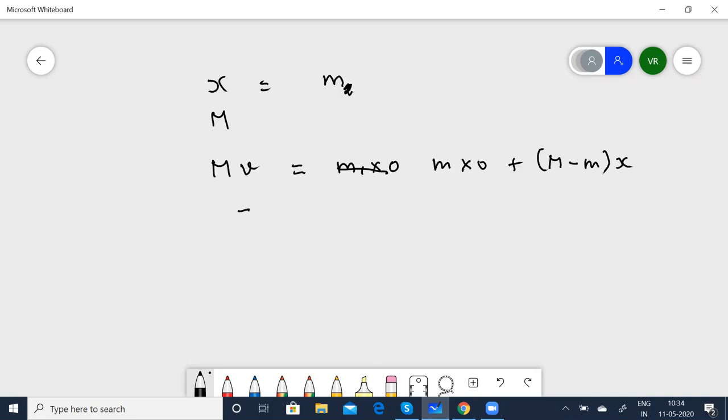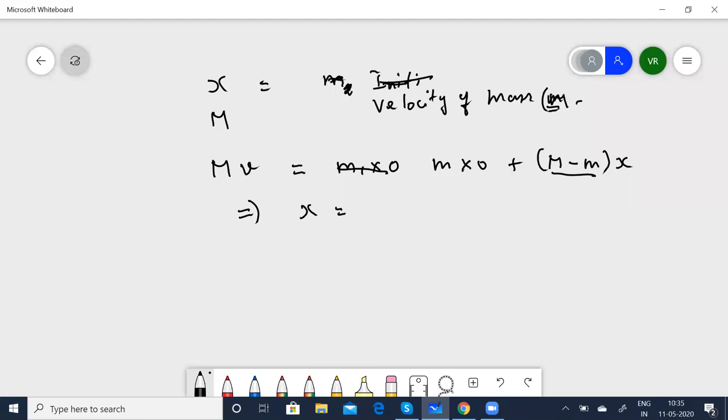We have taken x to be the velocity of the other component. The big mass M has divided itself into two components. One component is m, the other component is M minus m. That is what I've taken. The velocity of this component, M minus m, is going to be x.